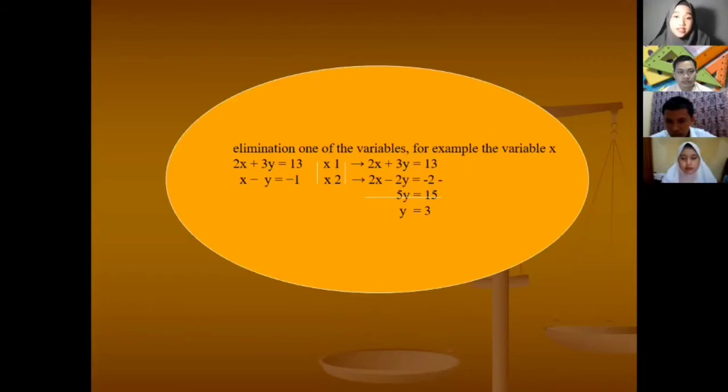There is 2x plus 3y equals 13, and equation 2 is 2x minus 2y equals negative 2. And the answer is 5y equals 15, and the solution is y equals 3.